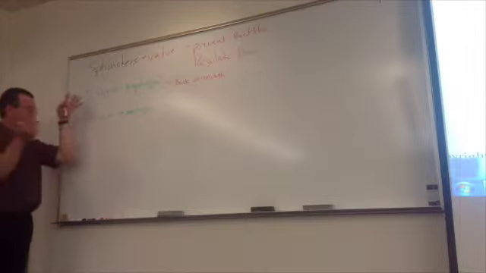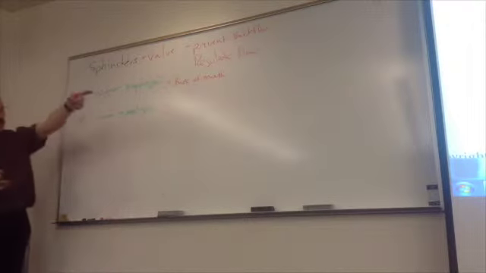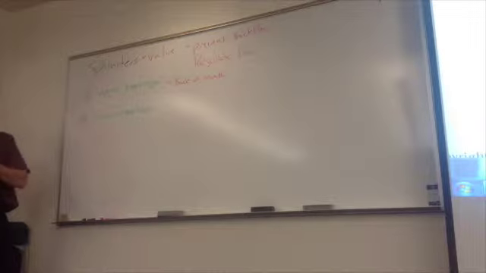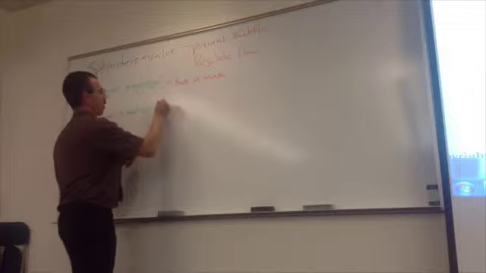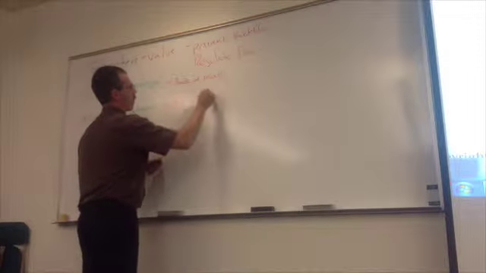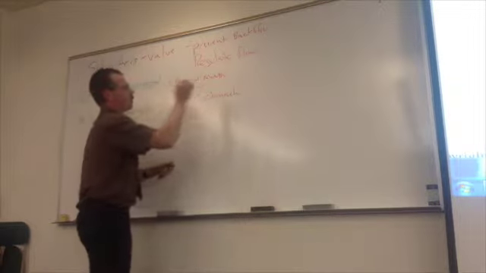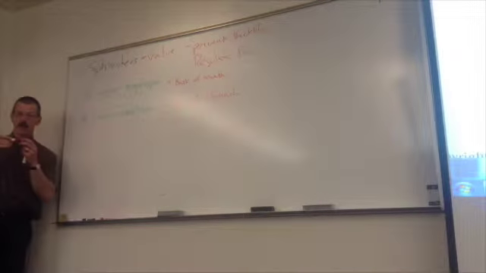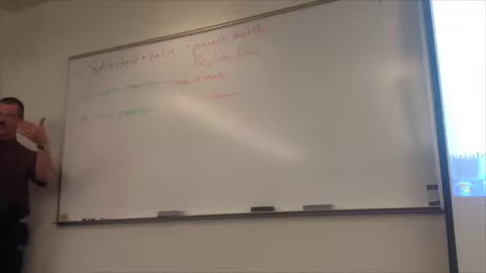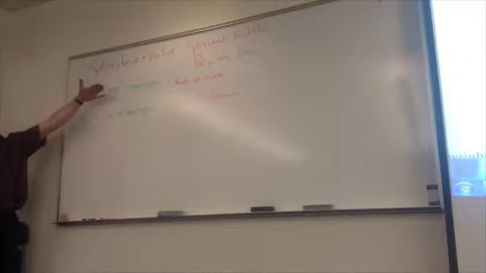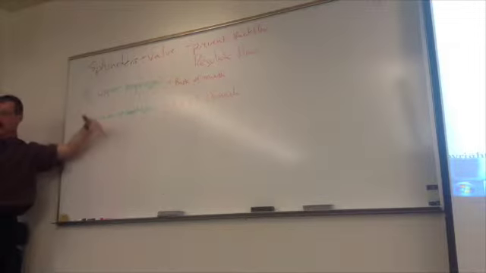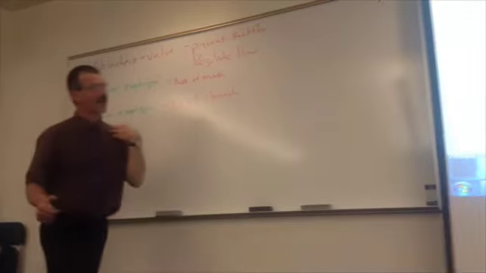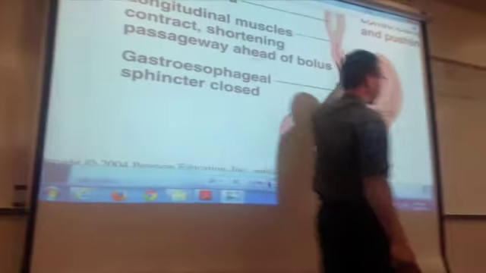Pick a word, I don't care. Where is that? How would you describe where it is? Top of the stomach. So if you think about your heart again, after every chamber was a valve, right? After every organ, we're putting a valve in. So after my mouth, after my esophagus, the same kind of logic. So this is my lower esophageal or my gastroesophageal.